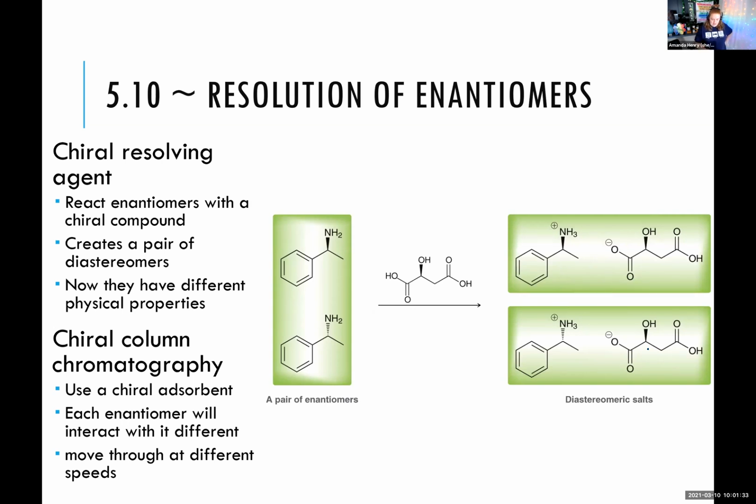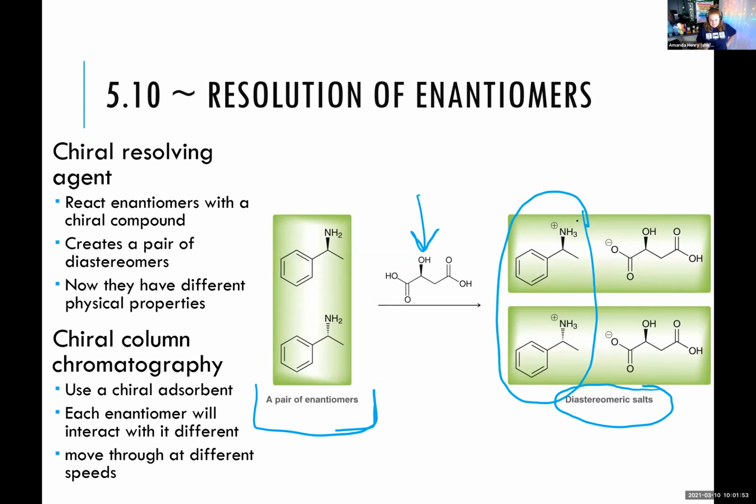So here's our pair of enantiomers. We're going to react it with another chiral compound. And when we do that, instead of having enantiomers, we create diastereomeric salts. So here are our original enantiomers.